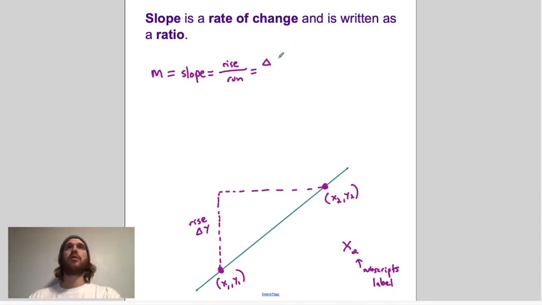That little triangle is the Greek letter delta, which stands for change in mathematics. So it's the change in y over the change in x. There's my rise. Here's my run, or delta x. So the slope is defined as this vertical distance divided by this horizontal distance.